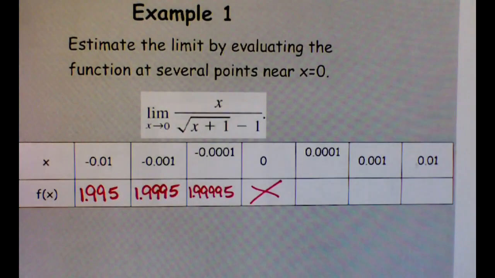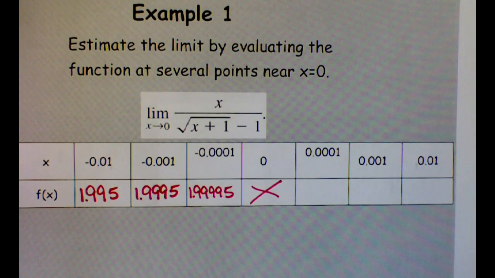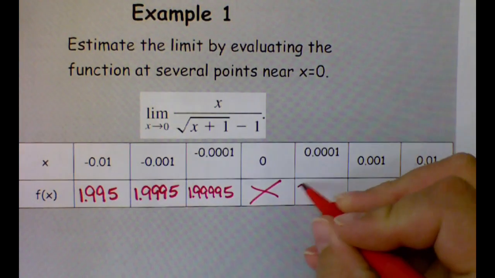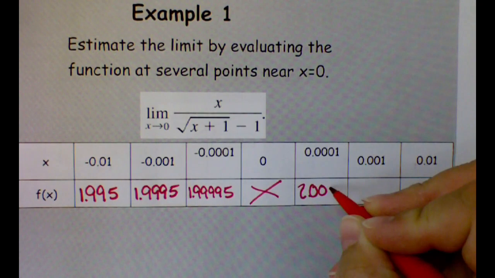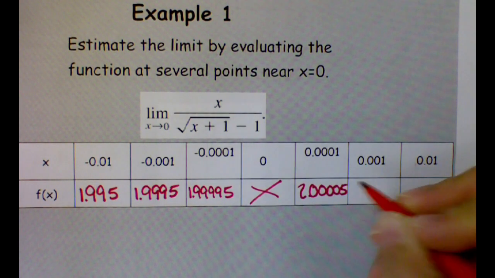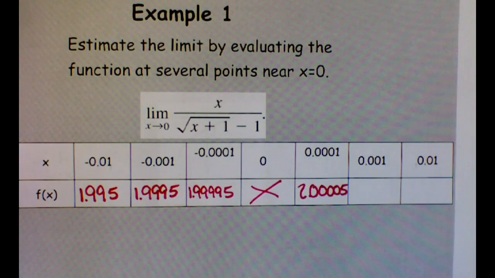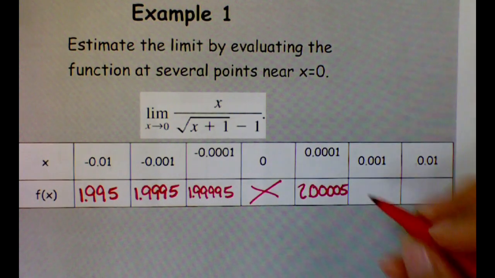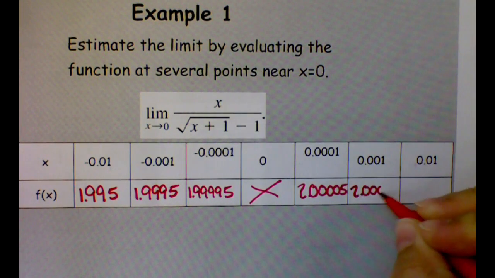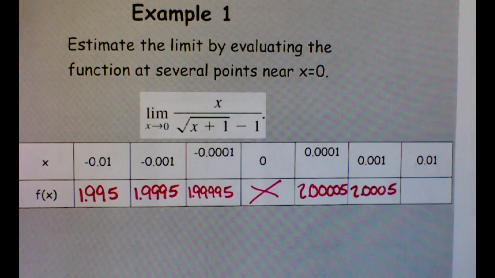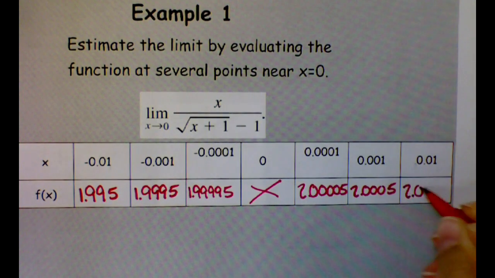And we'll try these other values. 0.0001 gives me 2.00005. 0.001 gives me 2.0005. And 0.01 gives me 2.005.